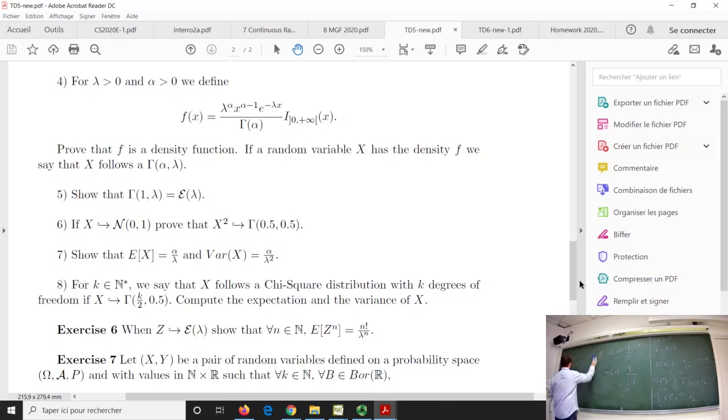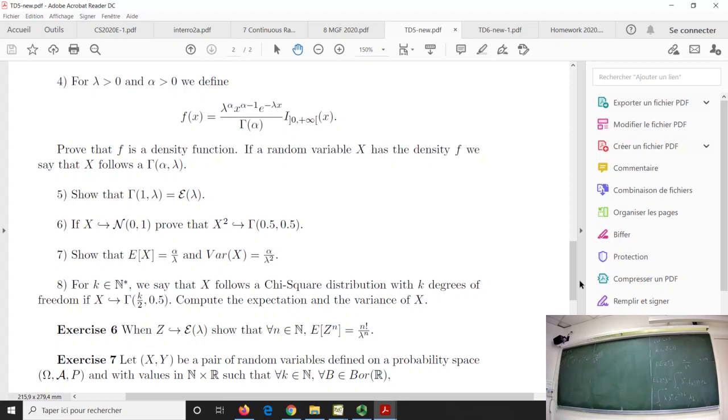Okay? And why do I have nothing to compute? Because I have already done the job. You see what I have here. I have a negative exponential and z to the power something. I am able to compute this kind of integral from the definition of a gamma density function. From the definition of a gamma density function, I know that the integral between 0 and plus infinity of x to the alpha minus 1 exponential minus lambda x dx is equal to gamma of alpha over lambda to the alpha.